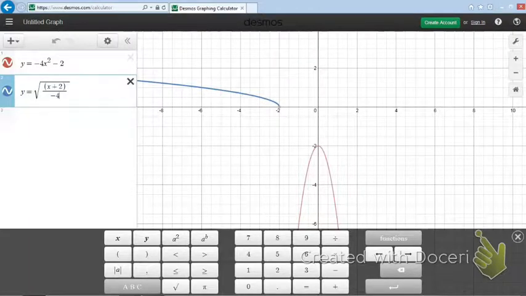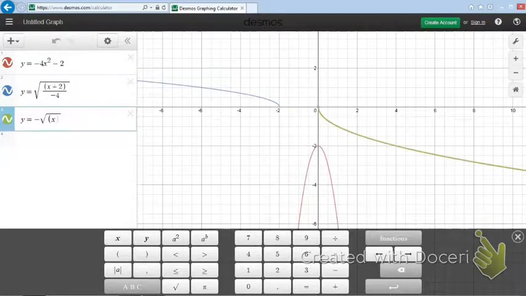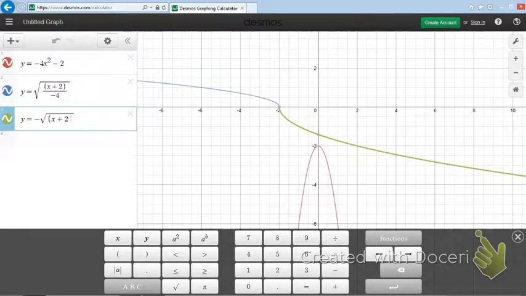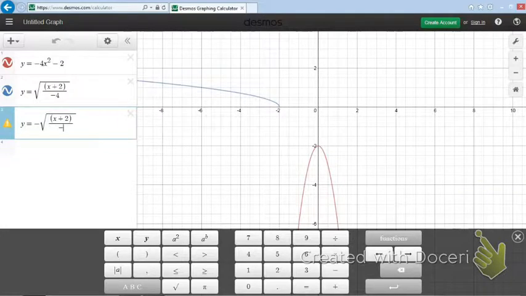And you can't put plus or minus on this. You have to do it separately. And then I'm going to put y equals, in the negative version, so minus the square root, and again, divided by negative 4. And now I have the whole thing. So that's the inverse. But make sure you do the positive and the negative.